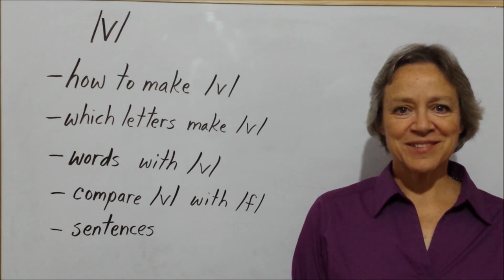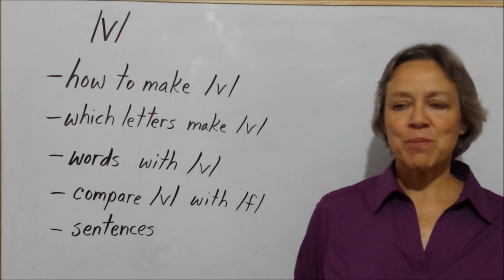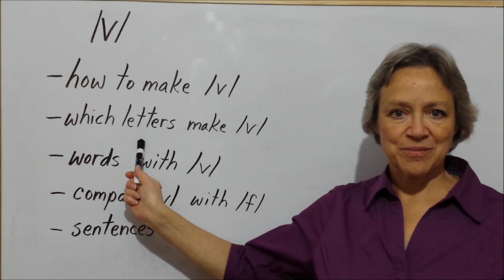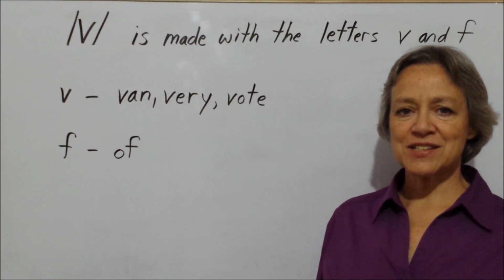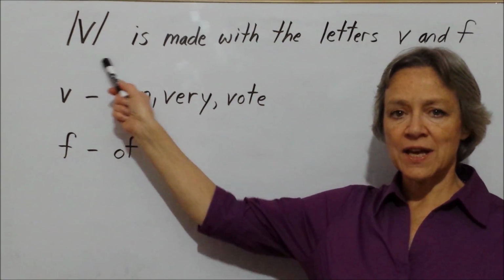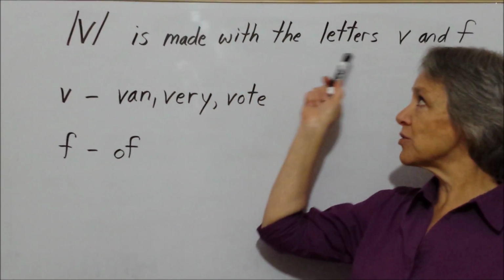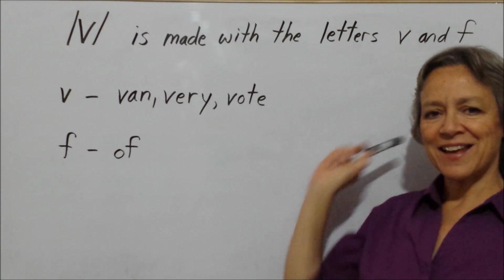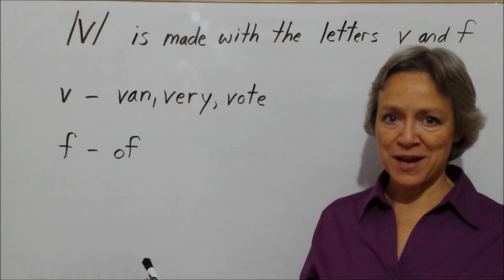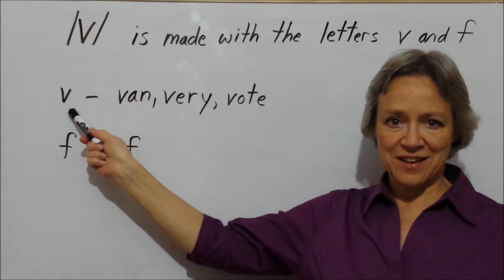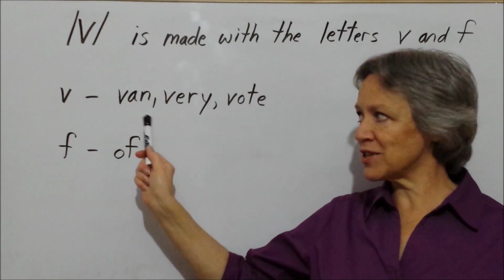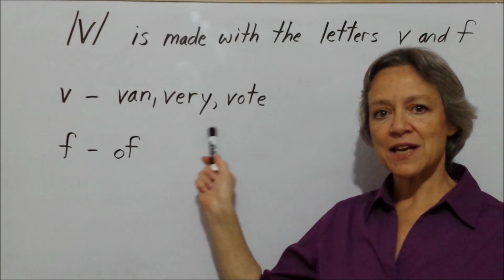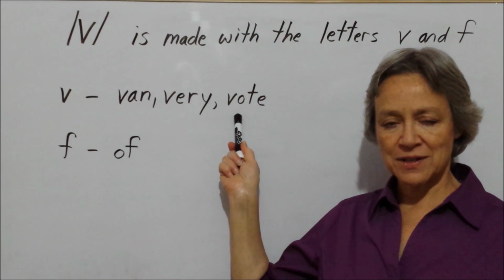So let's continue. Let me talk now about which letters make this sound. The sound V is made with the letters V and F. It is almost always made with the letter V, as in these three words: van, very, and vote.